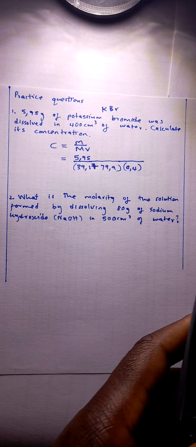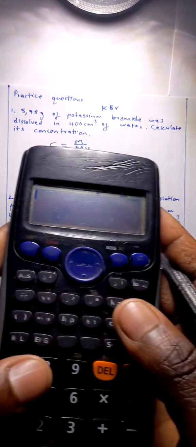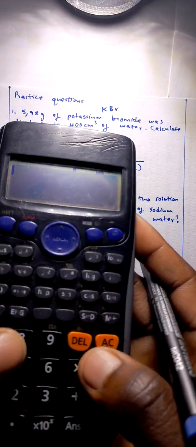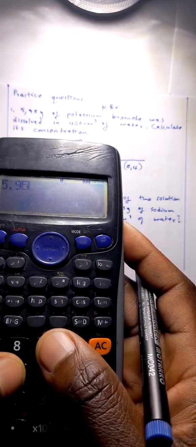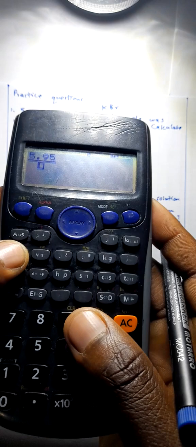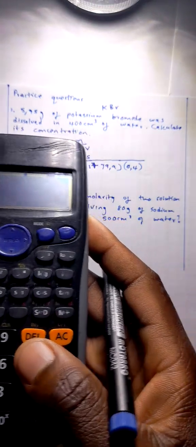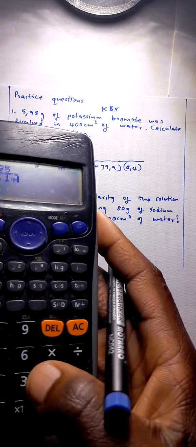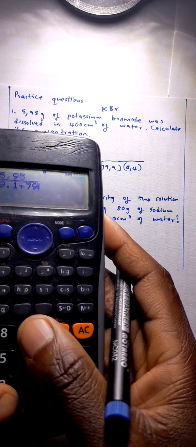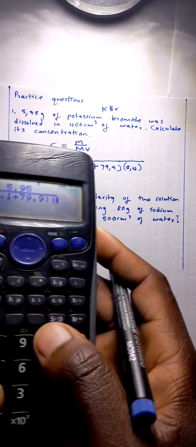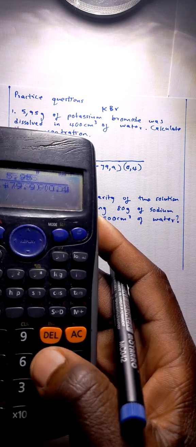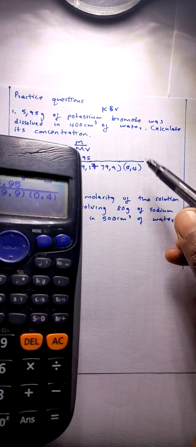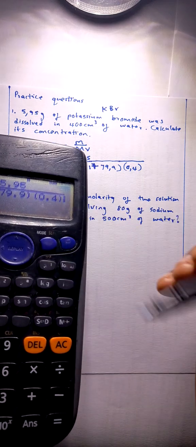And then let's use our calculator. It's going to be 5.95 over 39.1 plus 79.9 multiplied by 0.4. Or you can put 400 over 1,000 here, right?